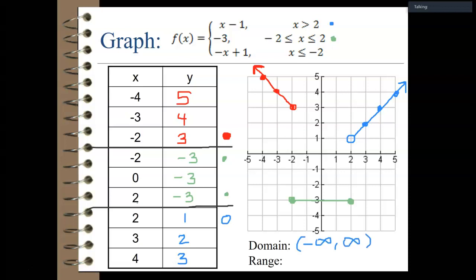Your range is not quite so easy. The y values both increase on the red and the blue. So the lowest y point between the 2 of them is at 1. So every y value greater than 1 will have a point.